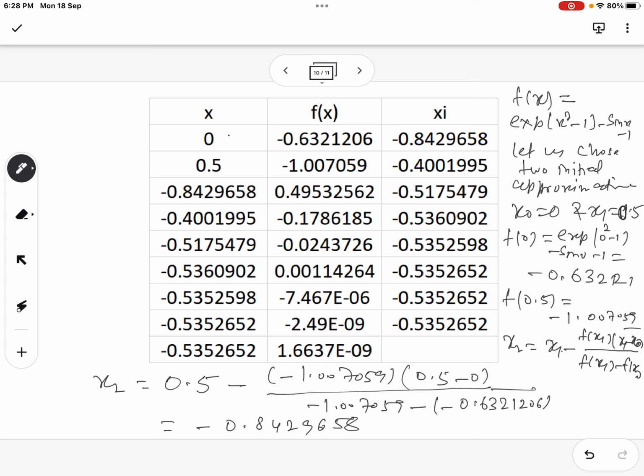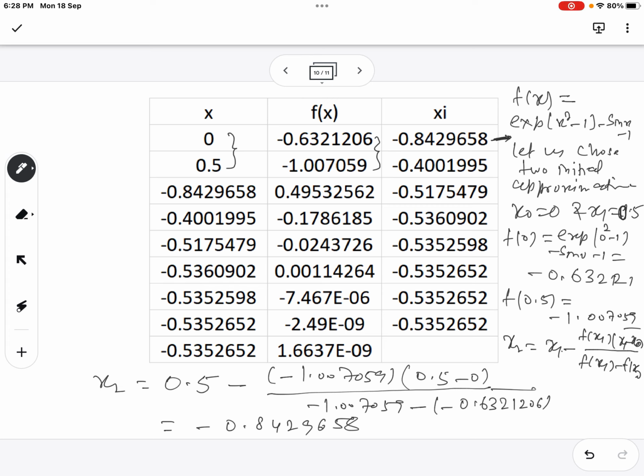This way I have shown it in this table. So as we can see, these are the two initial approximations, these are the values of the function at these x values, and this is the approximation which we get.